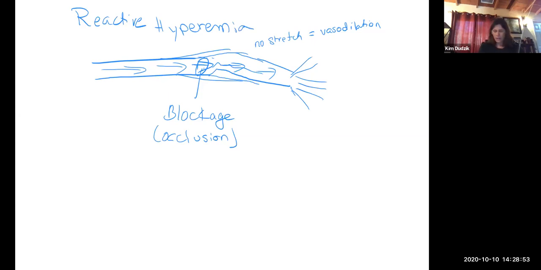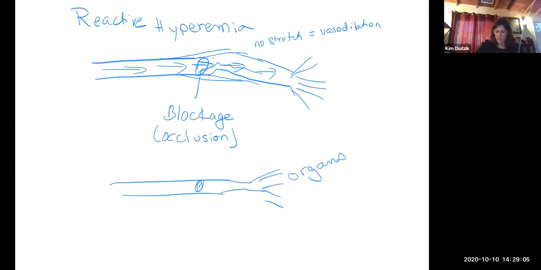The other thing that happens with that blockage, here's the blockage, here we go downstream, is that the tissues and organs are still working. And so now if there's less blood flow, remember when organs are working, there's less O2, there's more CO2, there could be more potassium, right?